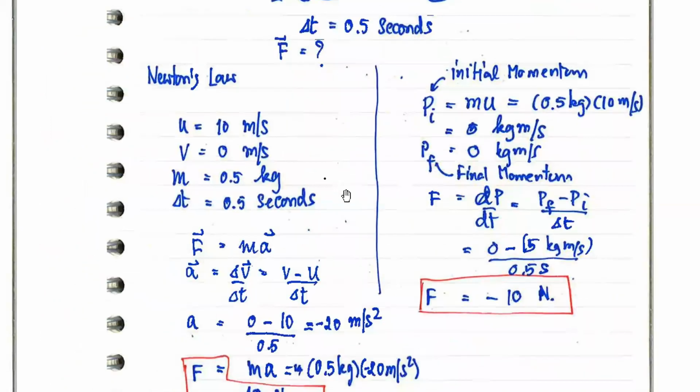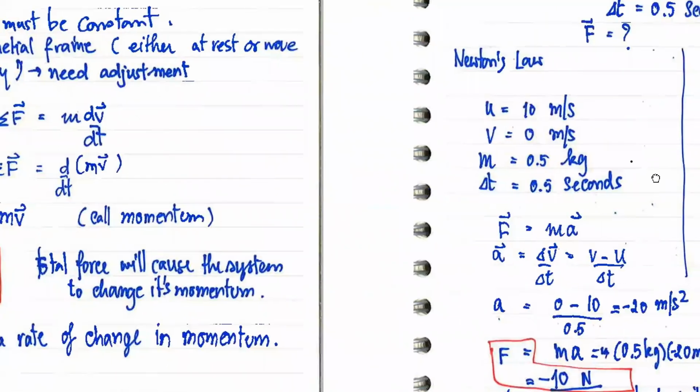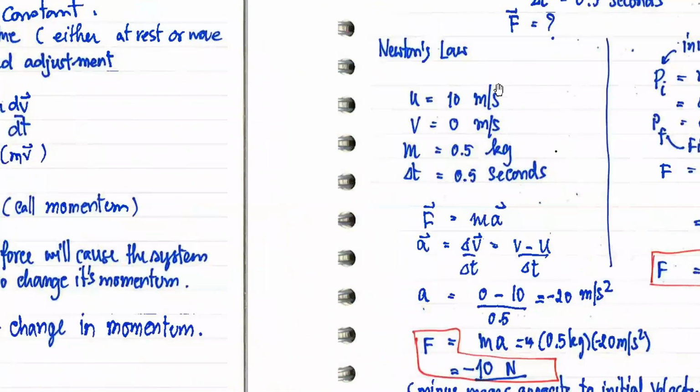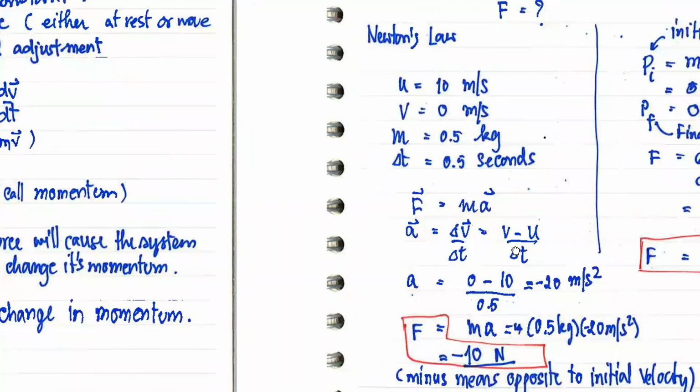So let's solve it according to Newton's law. Initial speed is 10, final speed is 0, mass is 0.5, and the time interval is 0.5 seconds. From F equal to ma, and a is delta v by delta t, so it's v minus u over delta t.